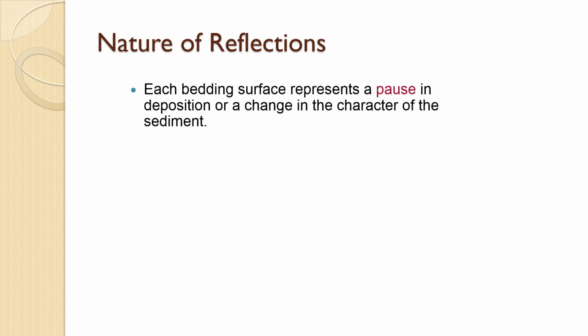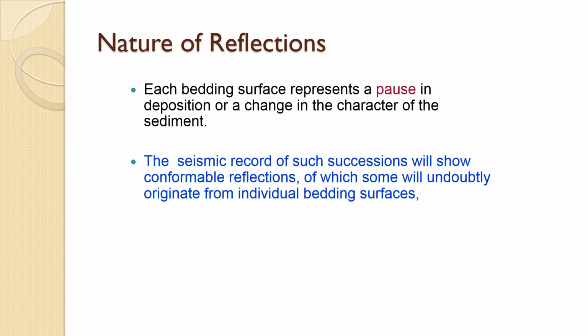So each bedding surface, as all of us know, is a pause. It's like a duration of stopping sedimentation or deposition, or a change in the character of sediment. So either one, a pause or a change in the character of sedimentation, of sediment.